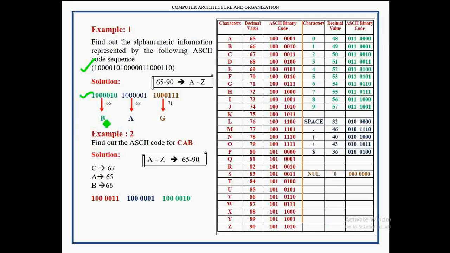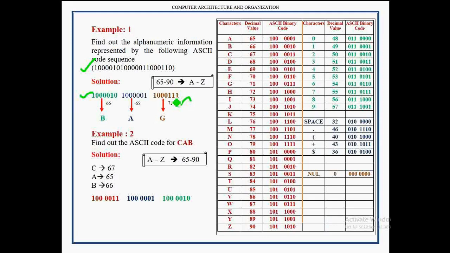That is our task. To find out this alphanumeric character, we usually convert the given ASCII code, that is the 7-bit binary code, into a decimal value. And then from the decimal value, it is very easy to find out the corresponding alphanumeric character. So first let's convert the given binary code into a decimal value.